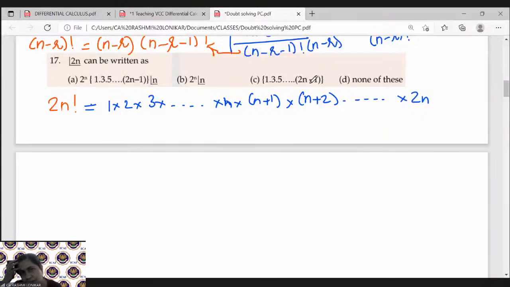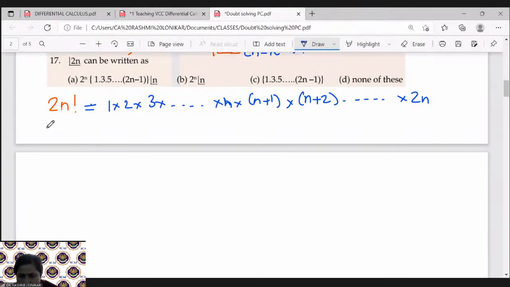For any n factorial as we write, so same thing like this. Now what happens here is, I write down the even terms together, I write down the odd terms together, okay? We're just rearranging, okay? So I will write down rearranging.